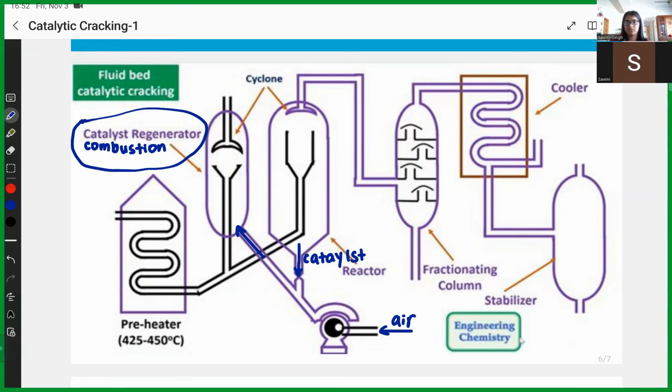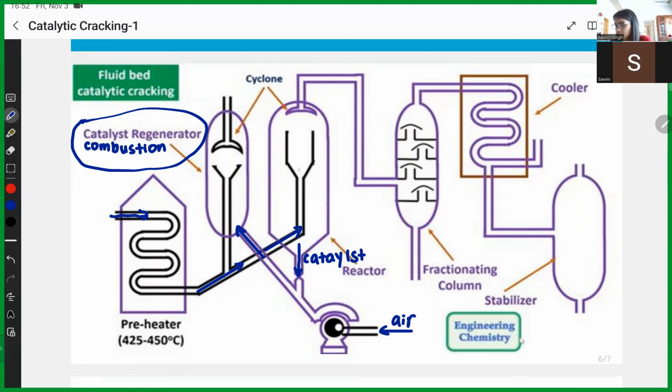So let's talk about it again. So again, the crude oil goes in from here and the preheater heats it to 425 to 450 degrees Celsius. Then the crude oil in gas phase will go up here and into the cracking chamber, the catalyst chamber.